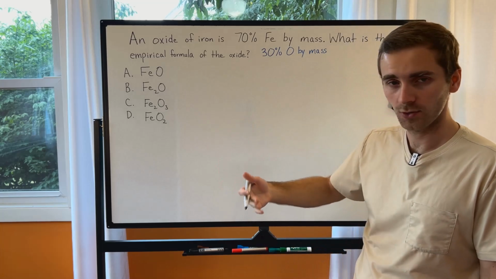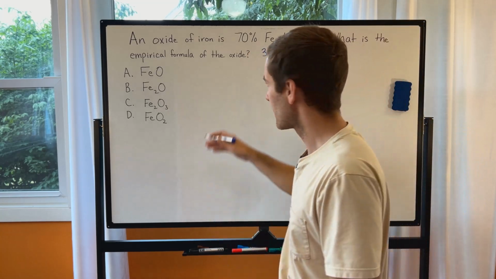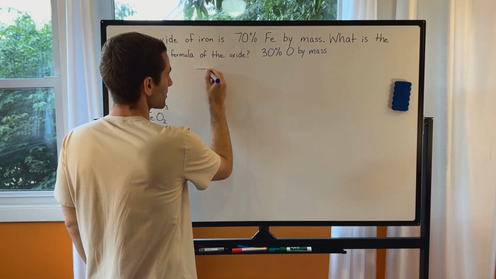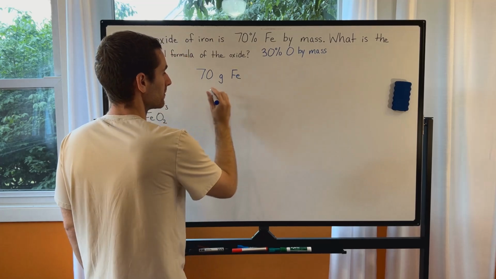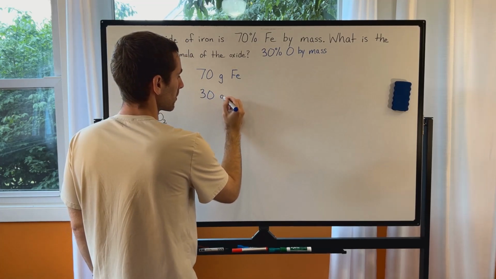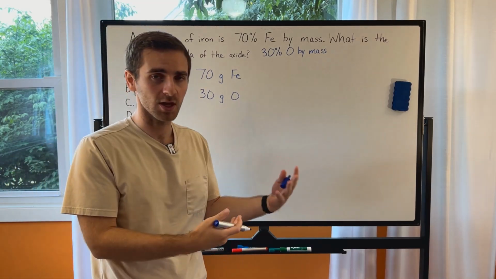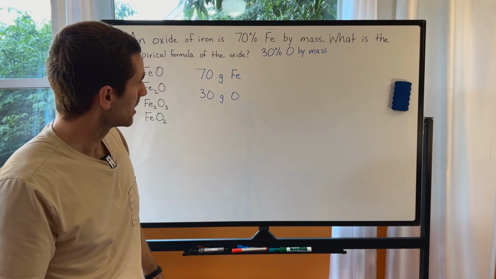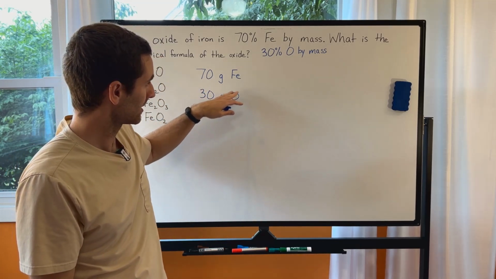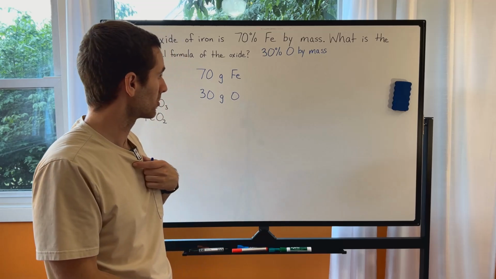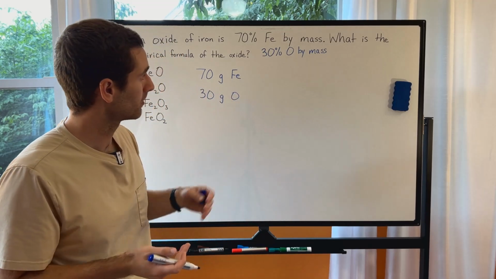If I have a 100 gram sample of this compound and 70% of its mass is iron, then I have 70 grams of iron and 30 grams of oxygen. This is predicated on the assumption of a 100 gram sample, but the actual mass doesn't really matter as long as you're consistent with all the elements. 100 grams is just an easy number to use because you don't actually have to change the number.